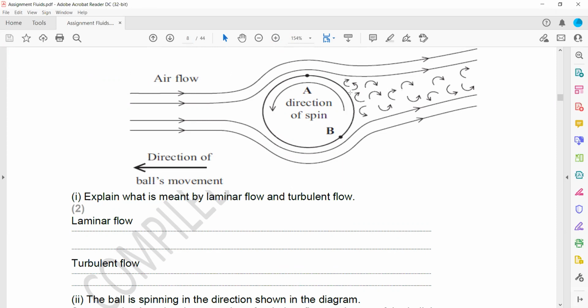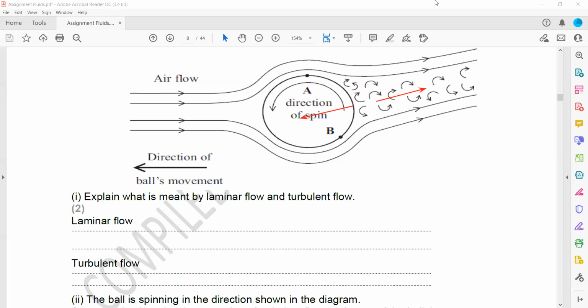And there's also another thing. According to Newton's third law, action and reaction forces are equal but opposite in direction. So if air is moving randomly, what happened? The ball will apply force on the air particles, so these air particles will push the ball in the opposite direction.